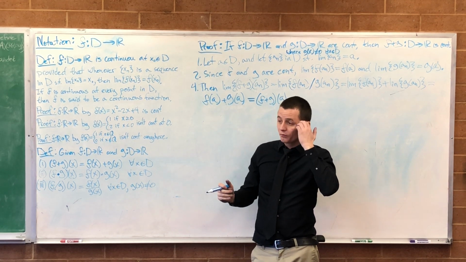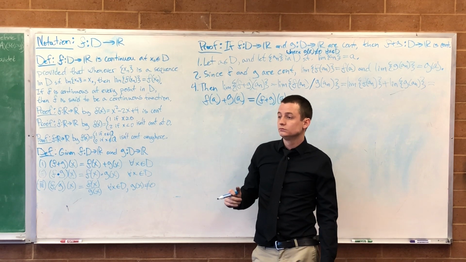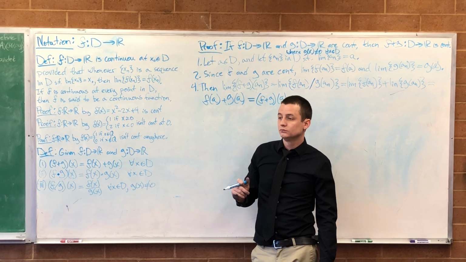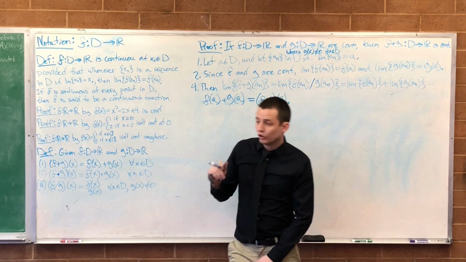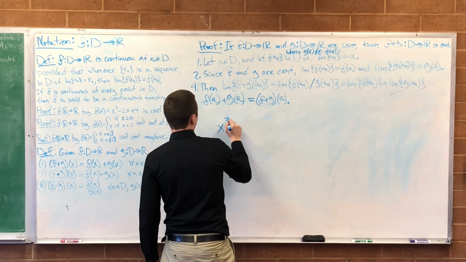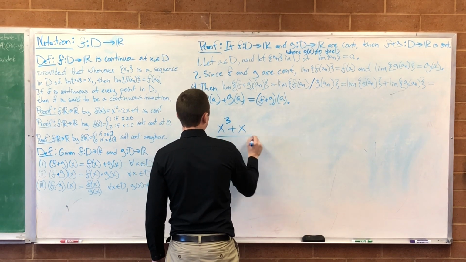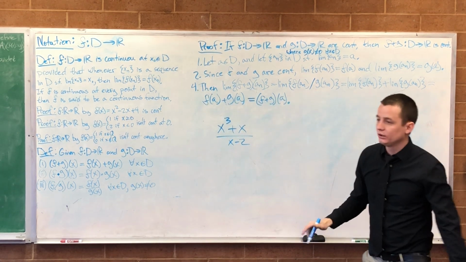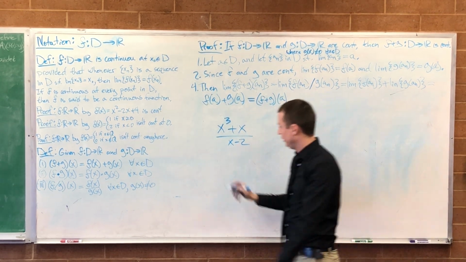In rational functions, isn't there often a jump, a shift? So yeah, if we look at something like x cubed plus x over x minus 2, here's f of x.